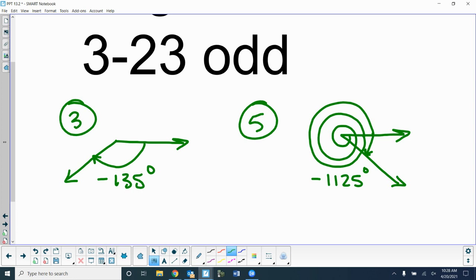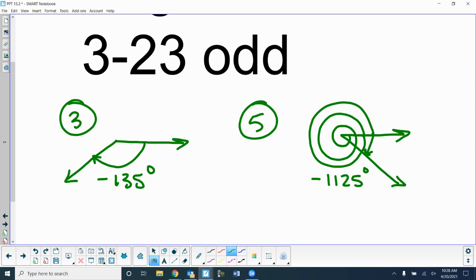Where's your negative? Got to keep subtracting. So if we're at 360, we subtract 360, where do we get? 0. But is that negative? No, so I subtract 360 again, what do we get? Right, so negative 360 would be the negative one. 360 or 1080 would be the positive one, depending on how you did it.